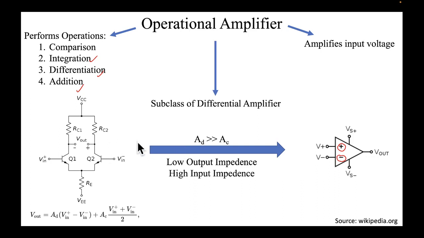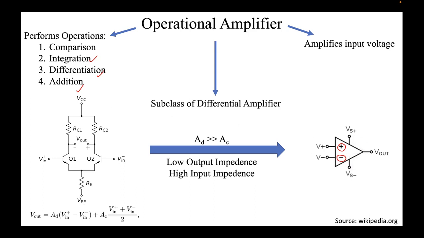Always remember this. This circuit uses two inputs, VCC and VEE. To drive this circuit, we need two voltage sources. Usually these are power sources that we need in order to drive the current in this circuit. So this is your plus VSAT, this is your minus VSAT.